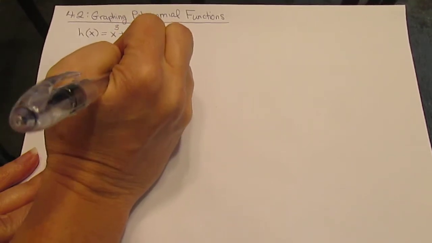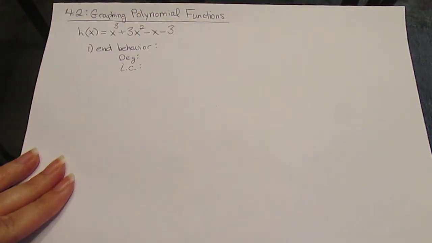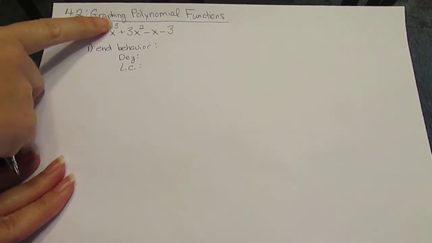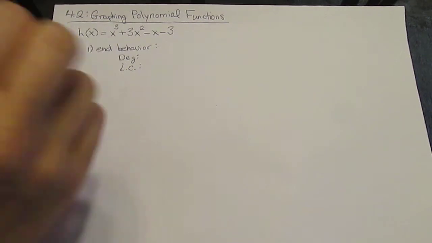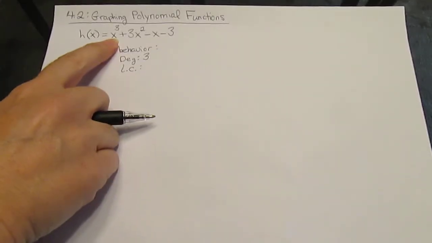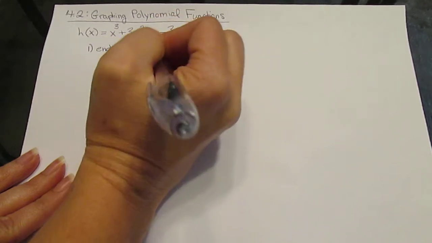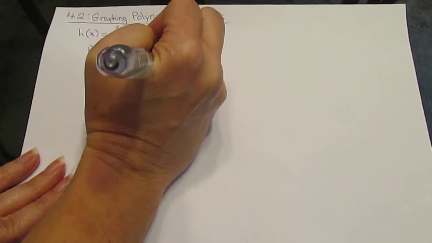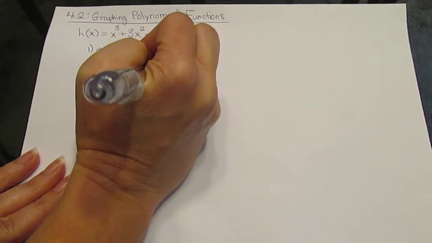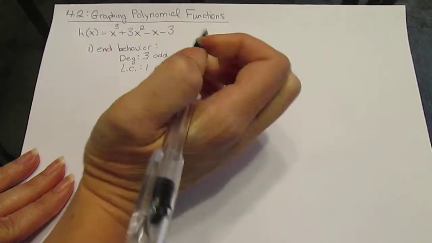Remember, I like to write LC for leading coefficient, just so I don't have to write it out. The degree, remember, is your highest exponent, so my degree is 3. And my leading coefficient is connected to that term with the highest exponent, so it's 1. So my degree is odd. My leading coefficient is positive.